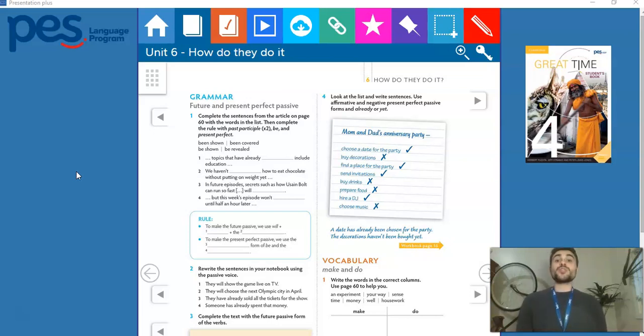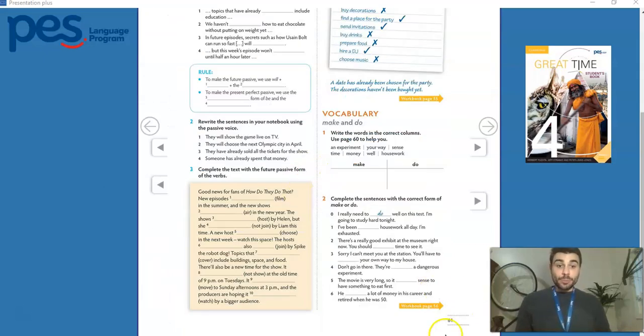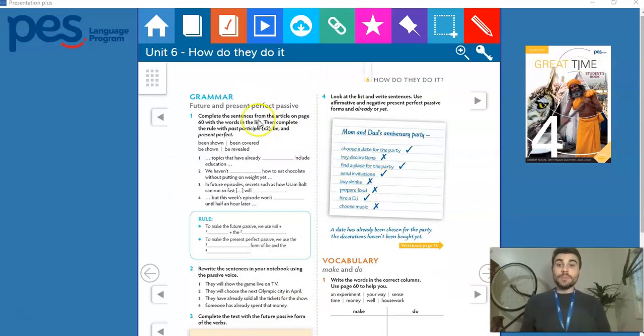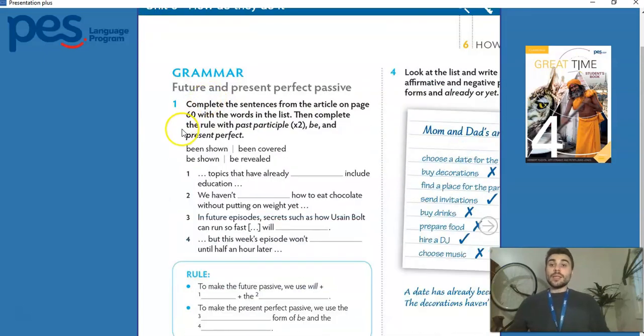To learn a little bit more about the passive in these two different tenses, we are going to do some exercises together, okay? The first one, again, we're on page 61 for those who have their books with them. We're going to take a look at the first exercise.